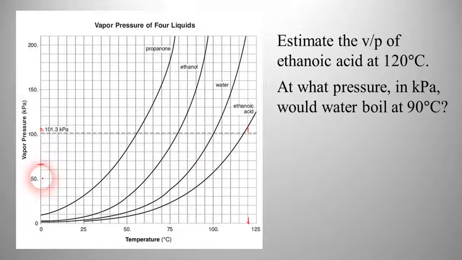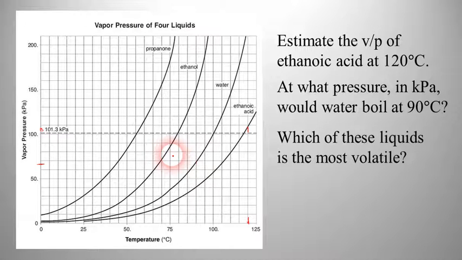So we can call that about just a tad less than 70, somewhere around maybe 67, 68 kilopascals. And so if you're at a place where water boils at 90 degrees Celsius, the pressure is about 68 kilopascals.